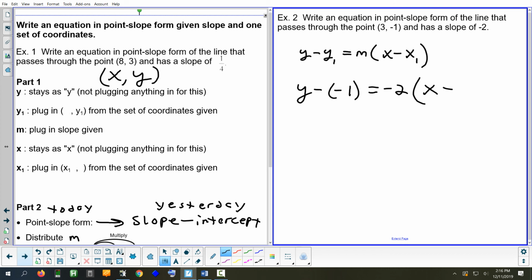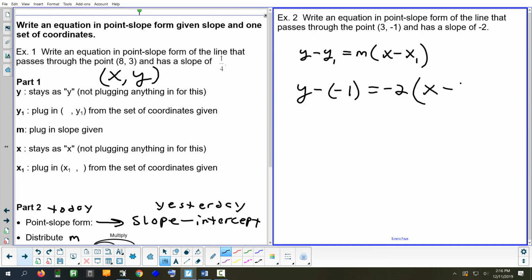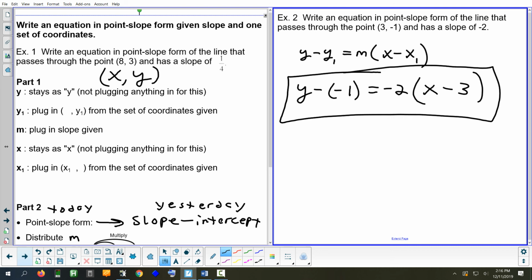Read the directions. x1 says plug in the number before the comma. So yes, it changes to 3. I need one more thing. Parenthesis. And for that one, you can stop there because the directions said leave it in point slope.